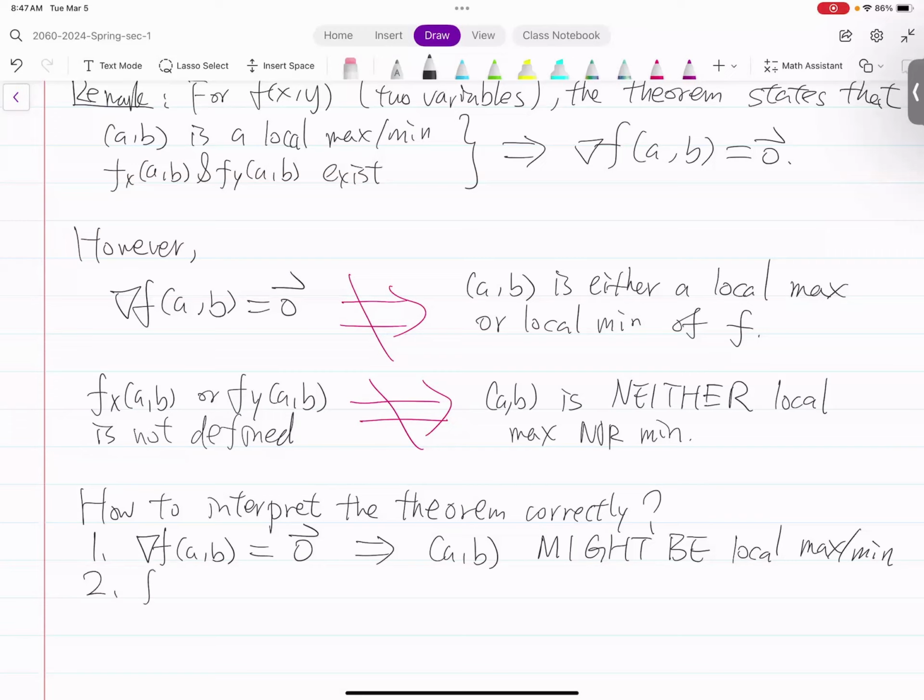And two, when the partial derivative f sub x or f sub y does not exist, then (a, b) still might be a local extreme.